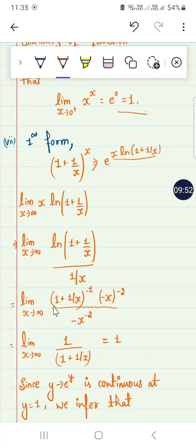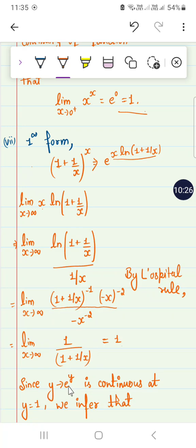Now limit extending to infinity, 1 plus 1 over x, the whole to the power inverse, after taking L'Hospital rule. By L'Hospital rule, this gives you 1 plus 1 over x, the whole to the power inverse, times minus x to the power minus 2, over minus x to the power minus 2, and taking the limit of this gives you 1.